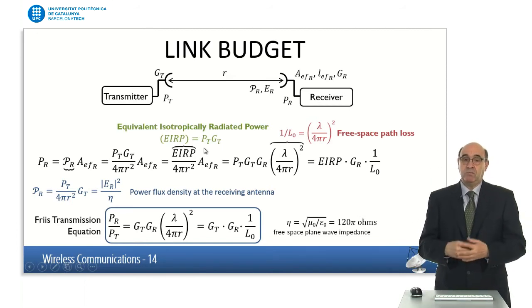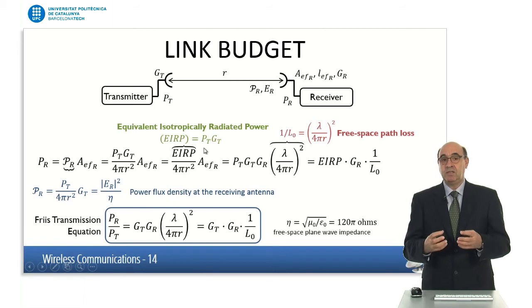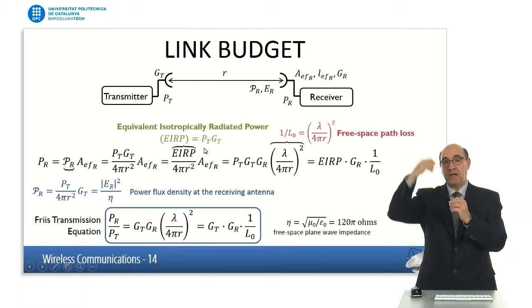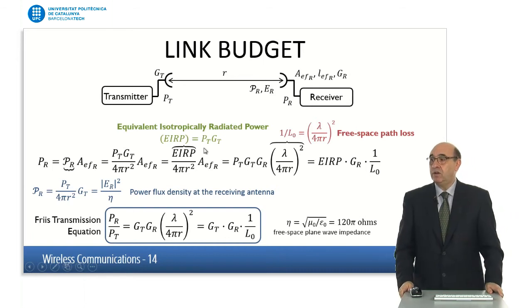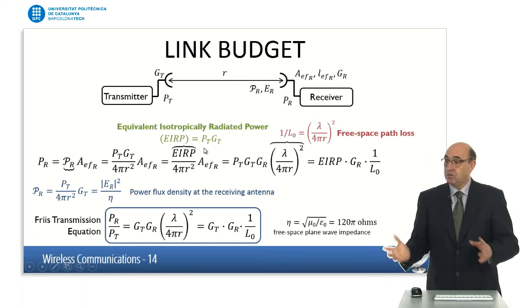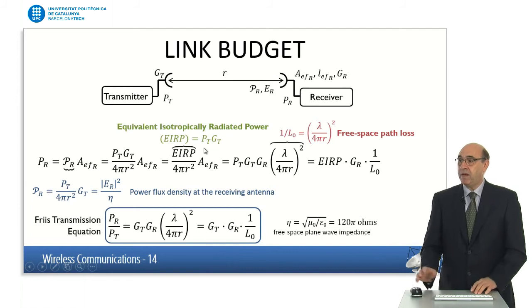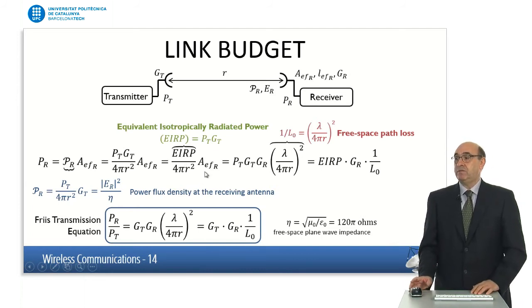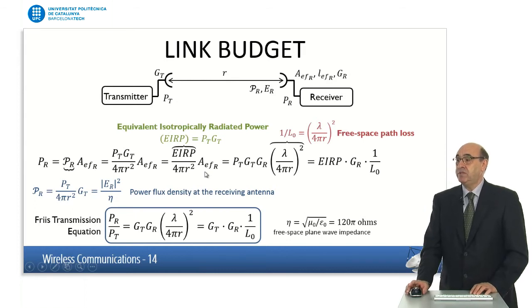That depends on the system. It's simple to do, or it's very hard to do. For instance, in a mobile phone, you are limited by the size of the phone, and you don't want to have large antennas going out of the mobile. So here you have to play with both parameters. But it's a very important one. And we have the effective area of the receiving antenna.